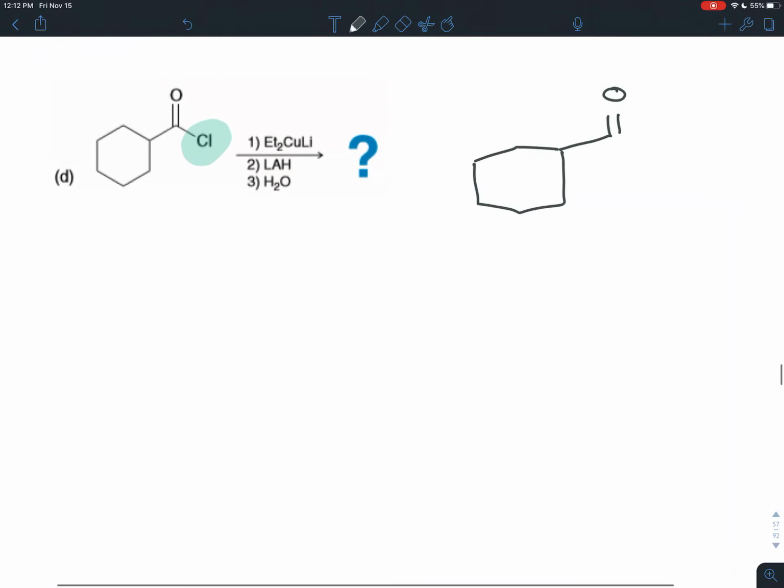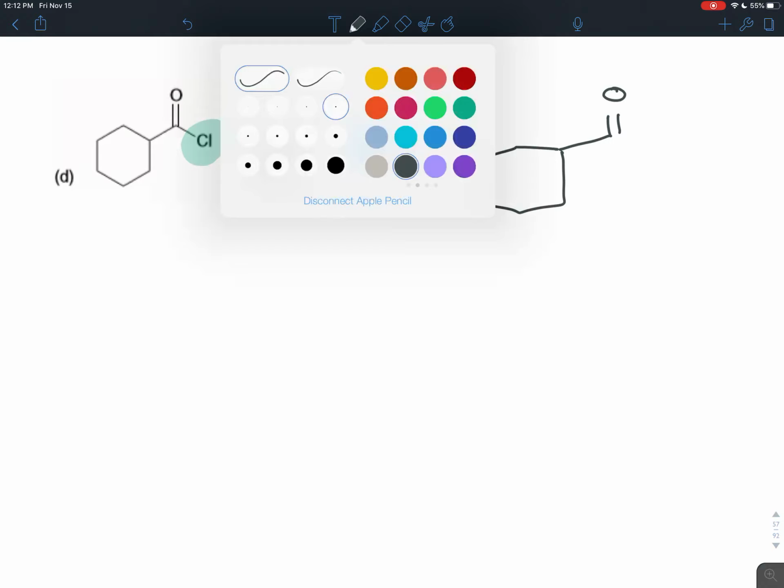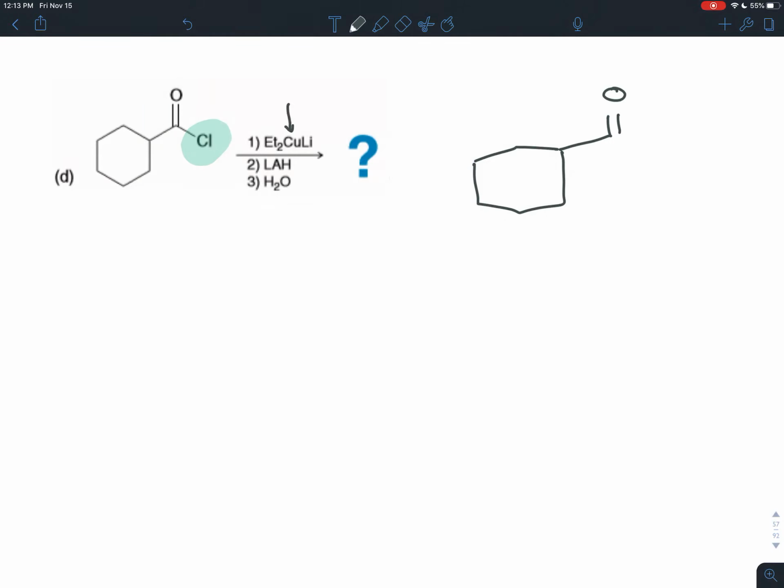And what we have here is a metal. If nothing else, you would recognize the copper as a metal. If you compare where copper is on the periodic table to where magnesium is, it's much further to the right. Magnesium is all the way to the left in group 2A, and the copper is one of the transition metals. So it's much further to the right than the magnesium is, and therefore it's more electronegative.